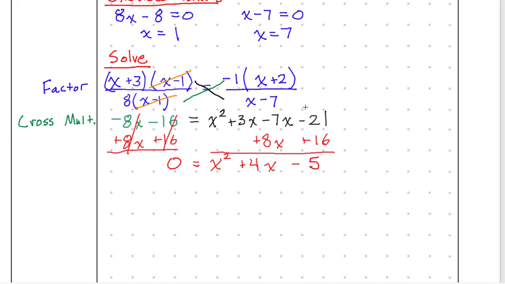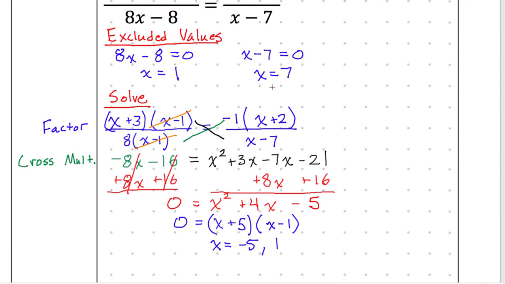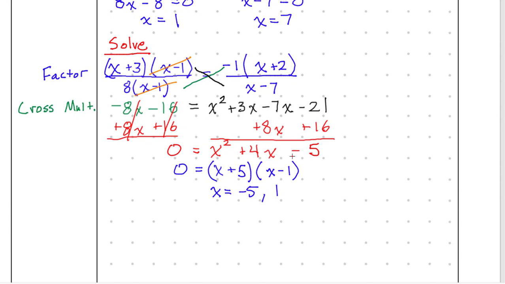Proximo, what are we doing next? Yep, so Chris has already factored it for us. It's x plus 5, x minus 1. I need to start writing my 5s better. Still set equal to 0, therefore Chris, x is equal to negative 5 and 1. All right, now to check excluded values. Oh, darn. 1 was an excluded value.